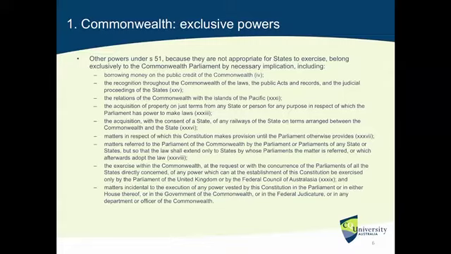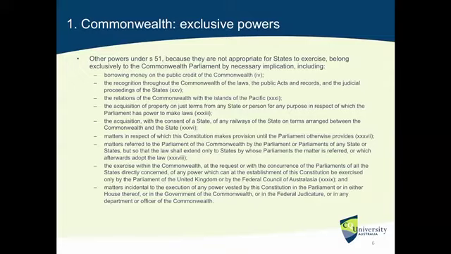It is also within the exclusive power of the Commonwealth Parliament to acquire property on just terms from any state or person for any purpose in respect of which the Parliament has power to make laws.